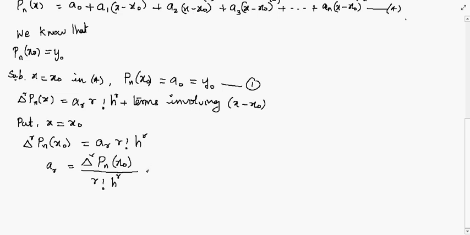This is true for r equal to 1, 2, 3, etc. And this Pn of x naught is nothing but y naught. So this is equal to del power r y naught divided by r factorial into h power r for r equal to 1, 2, 3, etc. We will take this as equation number 2.